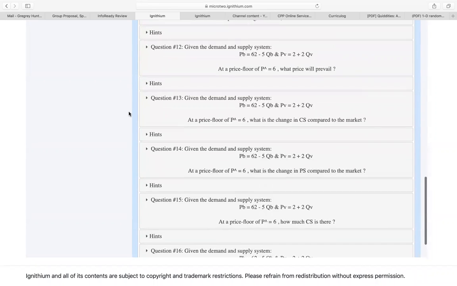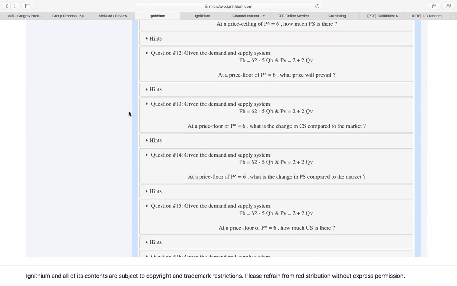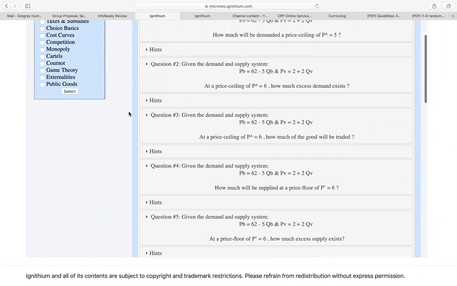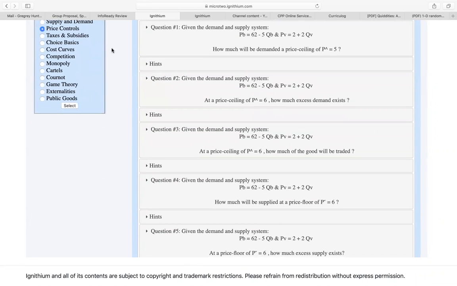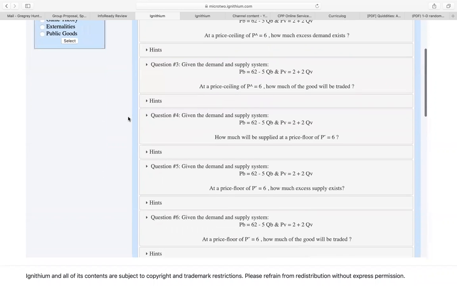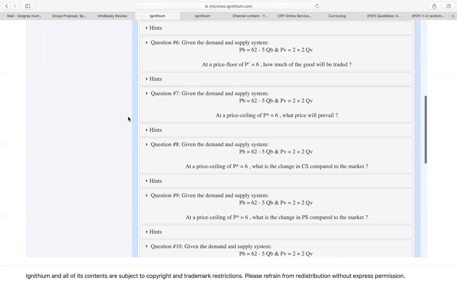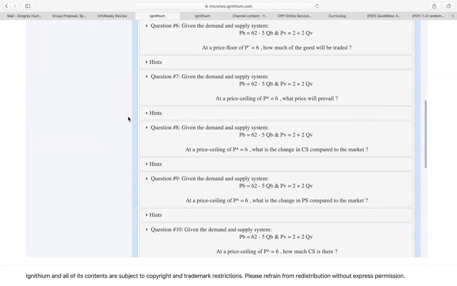If y'all don't have any questions, then the next thing we're going to work on is the taxes and subsidies section. That's going to be our next assignment. But I don't want to rush you all. If you do have questions about anything in this assignment that's not been answered, I'll give you just a minute to think about it.